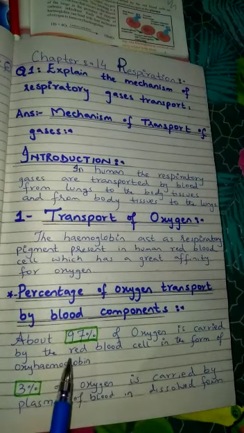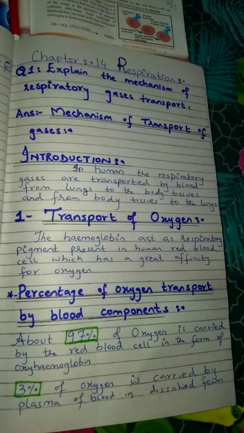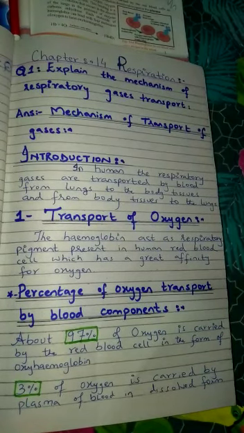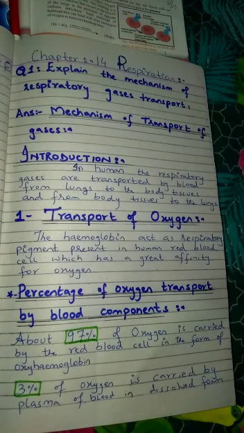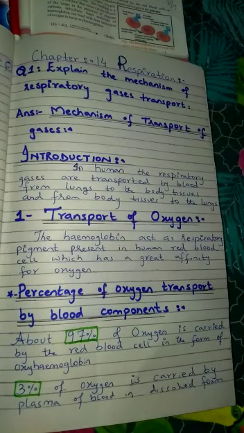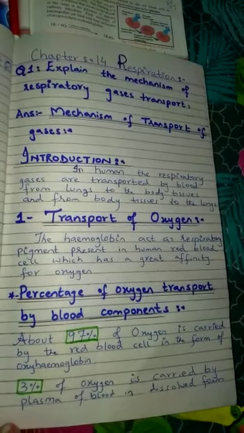in two different forms. During the transport of oxygen, hemoglobin will act as a respiratory pigment, and this respiratory pigment is present in the red blood cell. This hemoglobin has a great affinity for oxygen, which means it combines with oxygen.